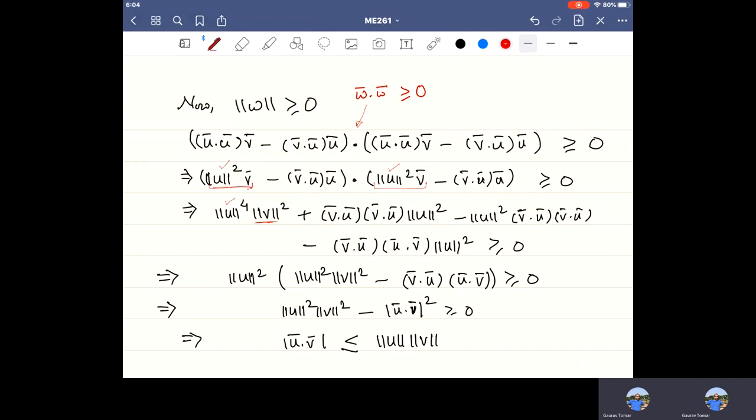Now, as you can see, we can cancel off this term with this term right away. And the two terms that we are left with, we can manipulate algebraically like this. We can pull out norm of u square, and what you're left with is norm of u square into norm of v square minus v dot u into u dot v.